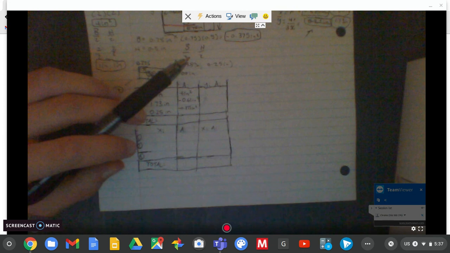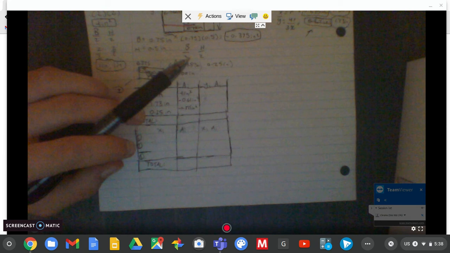So, 1 inch times 4 inches squared, that is 4 inches cubed. Yeah, still frozen. Sorry about that. And then 1.73 inches times negative 0.61 inches squared is negative 1.06 inches cubed.